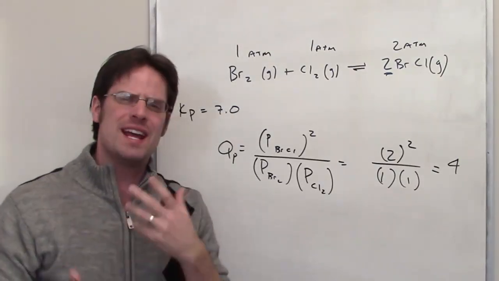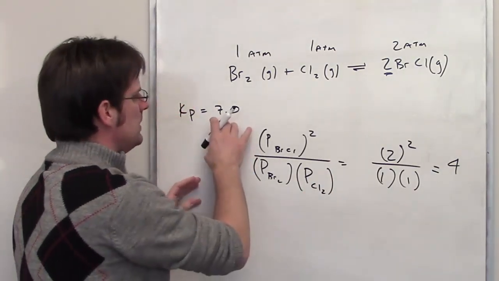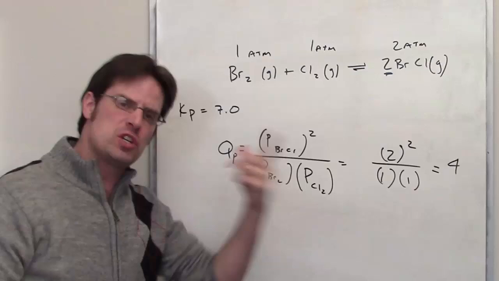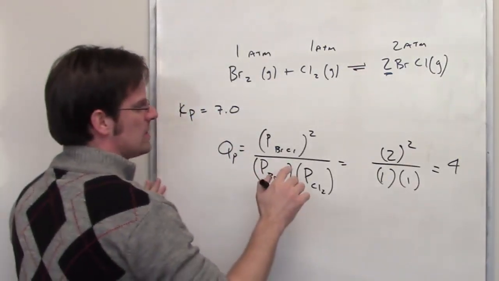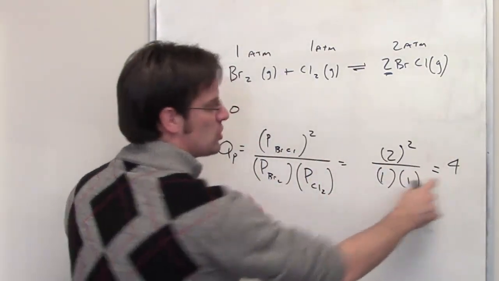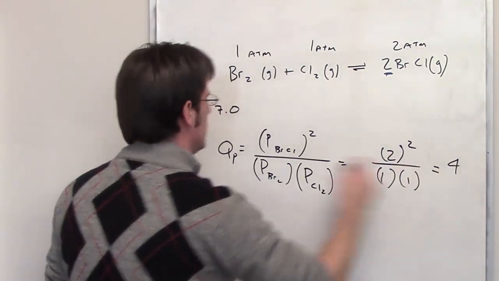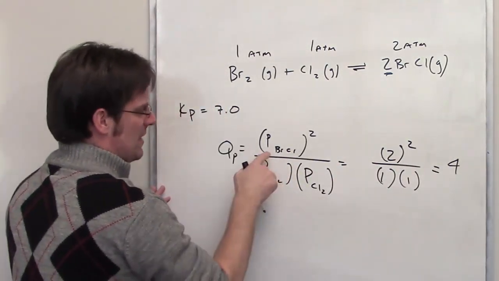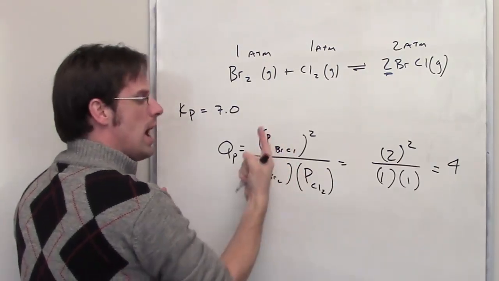So what has to happen to this reaction in order for it to become equal to K? In which direction is it going to have to drift? As we look at this mathematically, you can see that Q is smaller than K. In order to have Q become equal to K, we're going to have the numerator, which is this bromine chloride pressure, go up.